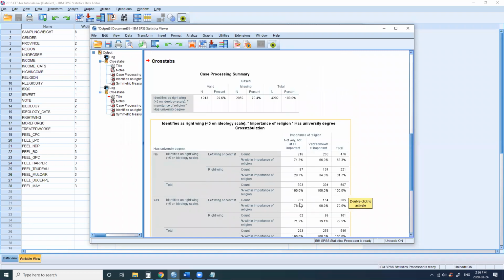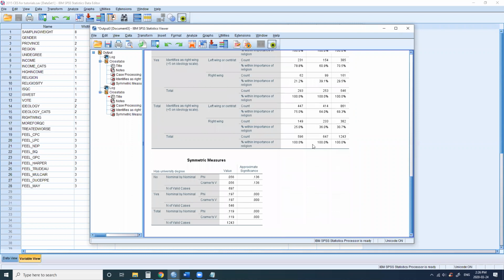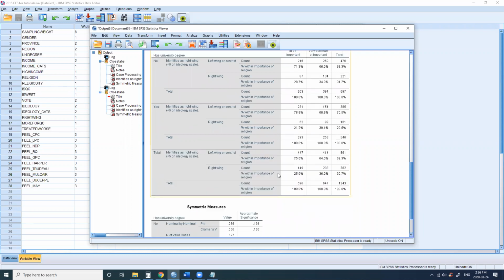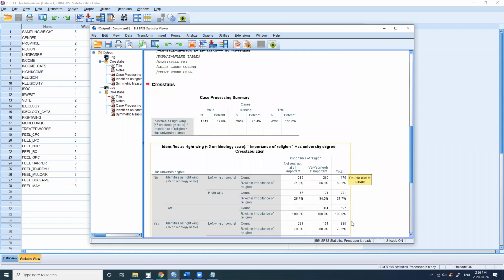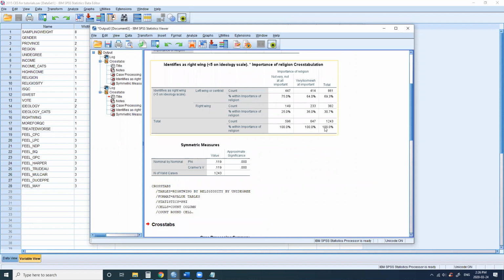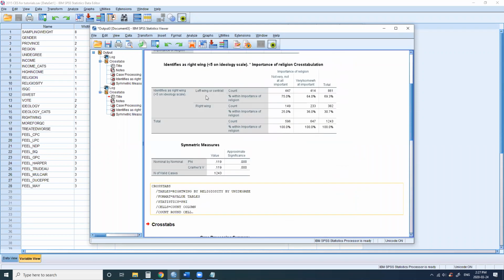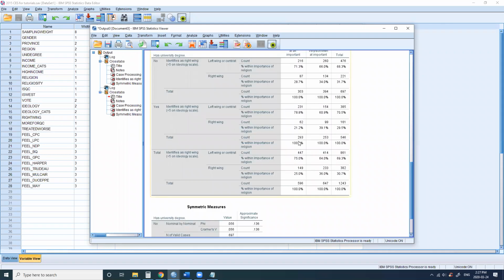So recall in our original crosstab, the gap was 11 points. Well, here, the gap is 11 points as well. What I would recommend is to not pay attention to this too much, because in this case, there are 1,243 cases in the trivariate crosstab and 1,243 cases in the bivariate crosstab. So the reason why this is exactly the same as the original bivariate is because there aren't any omitted cases between the two of them.